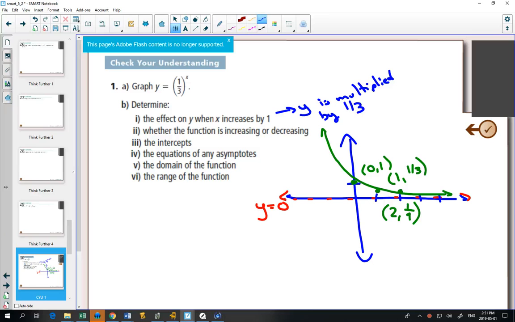Is this one increasing or decreasing? Well, now that we've drawn it, we can see that it's decreasing. It's going down from left to right. There is a y-intercept of 1, but there are no x-intercepts.